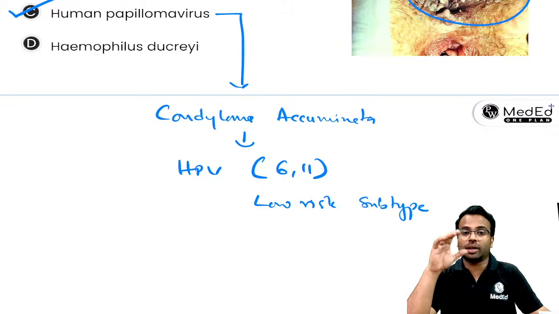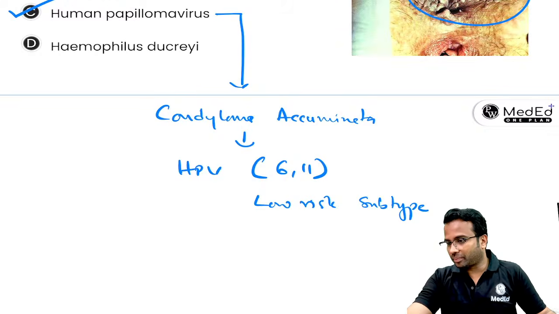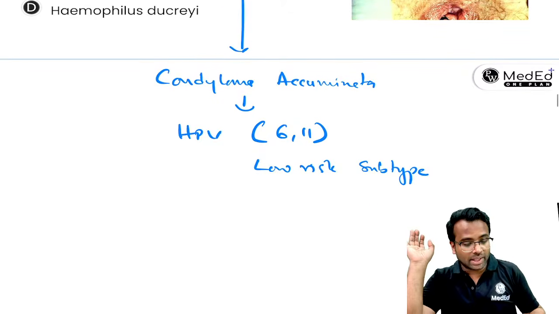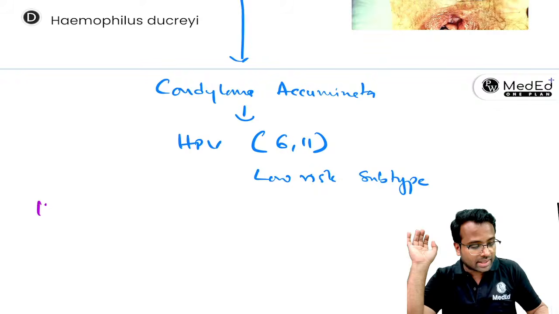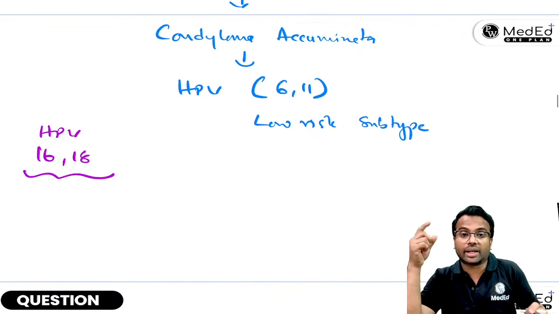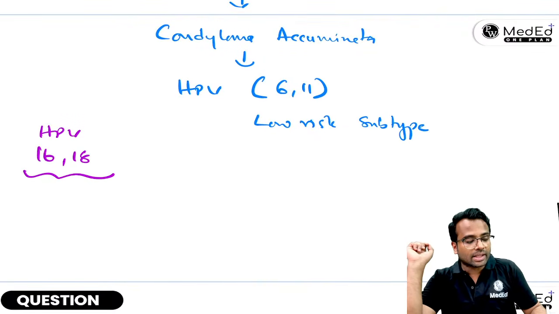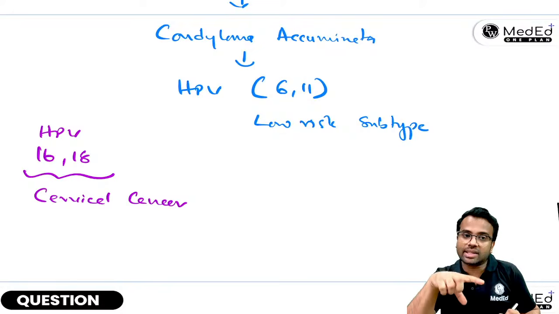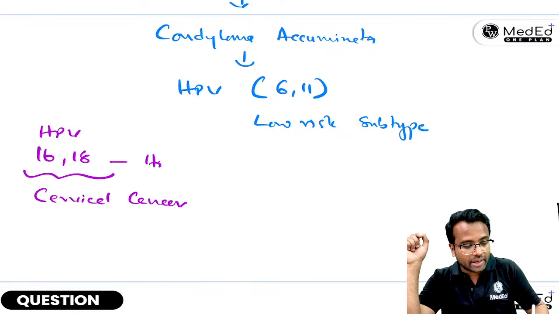Yes, it is going to be a low risk subtype. Very good, excellent. Please do not answer this as 18. Right now it is okay to make a mistake. Please remember, 16 and 18 type of HPV, which you probably must have learned in gynecology, is associated with cervical cancer, and is the high risk subtype.